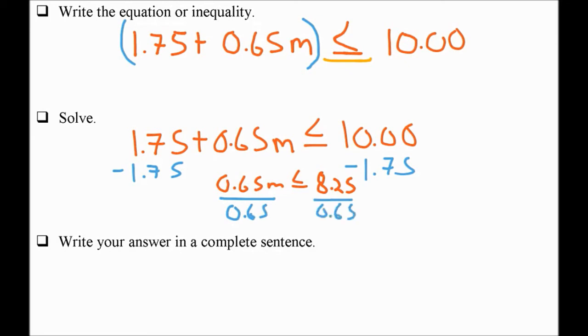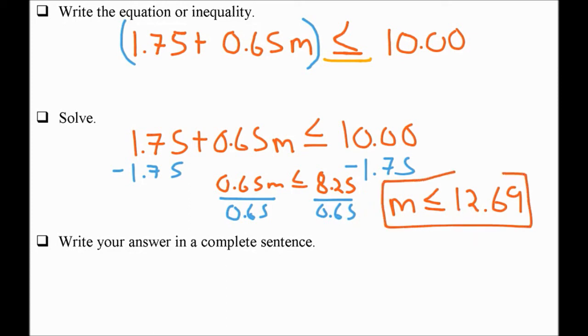And we find that m has to be less than or equal to 12.69 miles. Now, where did that come from? If you just type in 8.25 divided by 0.65, that will give you your 12.69. And we just put that into a box and we say that's our answer.